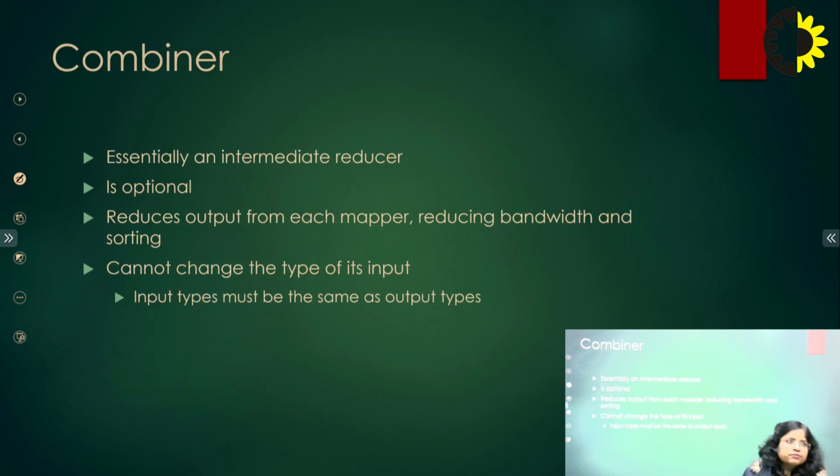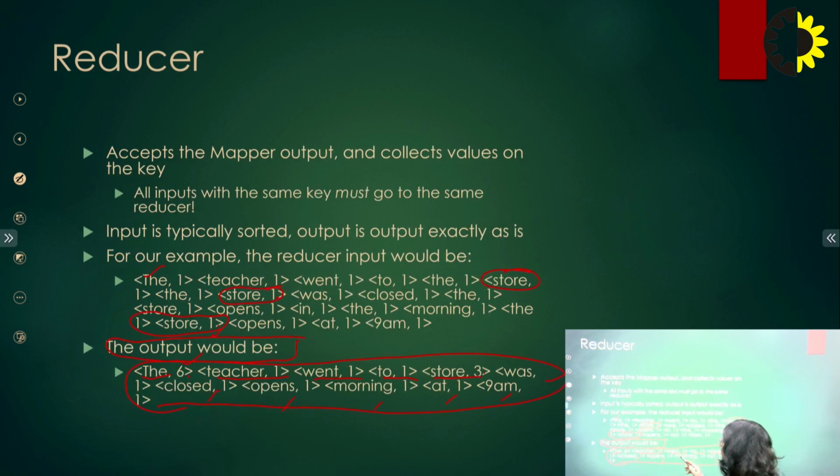So reducer. So next is combiner. At this moment we have a separate output produced by the reducer, meaning the outputs are in the form of, comma 1, teacher, comma 1, went, comma 1.